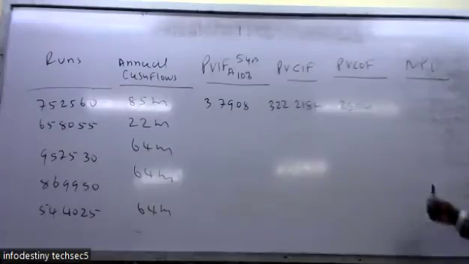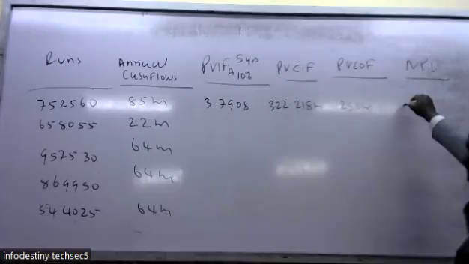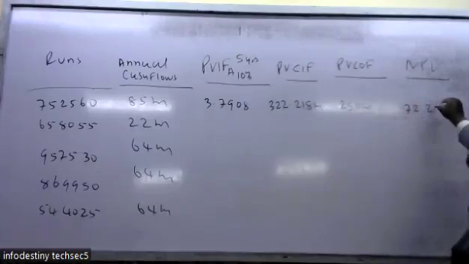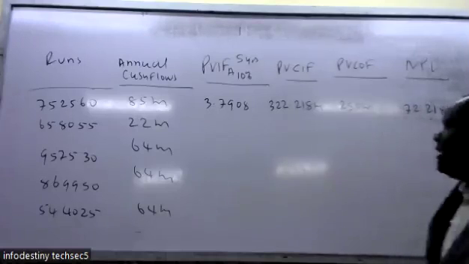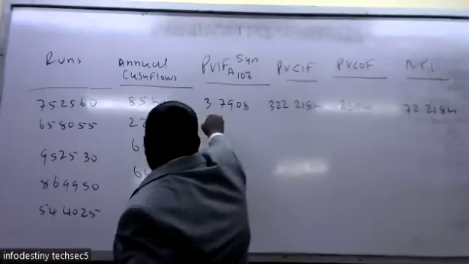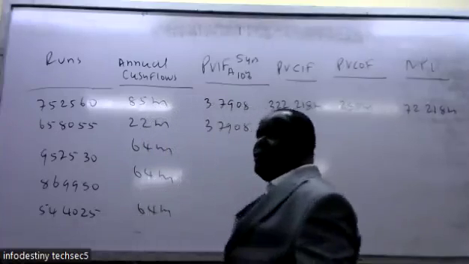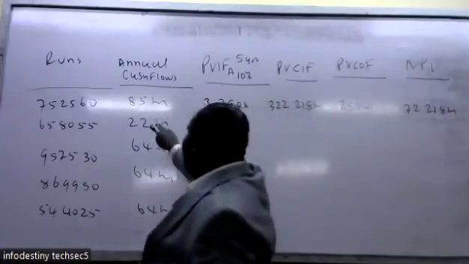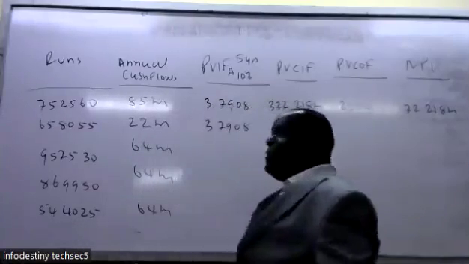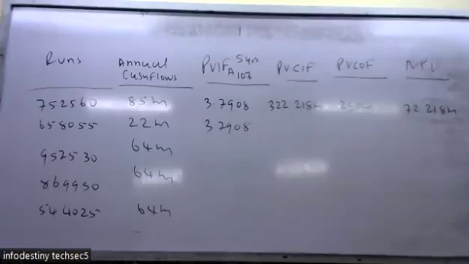What is the NPV? 70.208. So this one would not be changing. There was no simulation on this item, so it applies to all of them. So you also take 22 million multiplied by 3.7908.